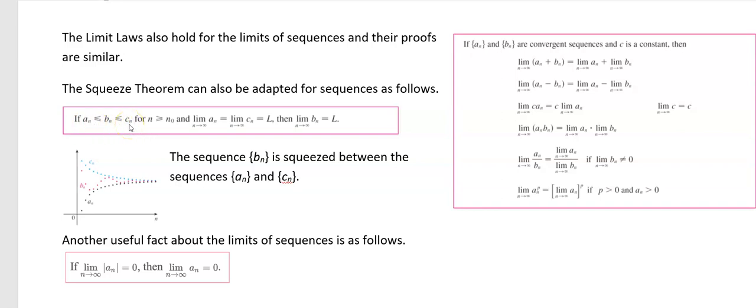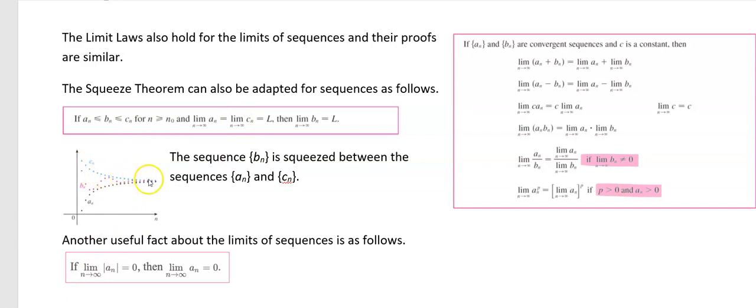And what this is saying is that if you know the limit of the bottom sequence, A, and you know the limit of your top sequence, C, and those two happen to have the same limits, then B, the middle sequence, would also have to have the same limit because it's sandwiched between two that already have the same limit.